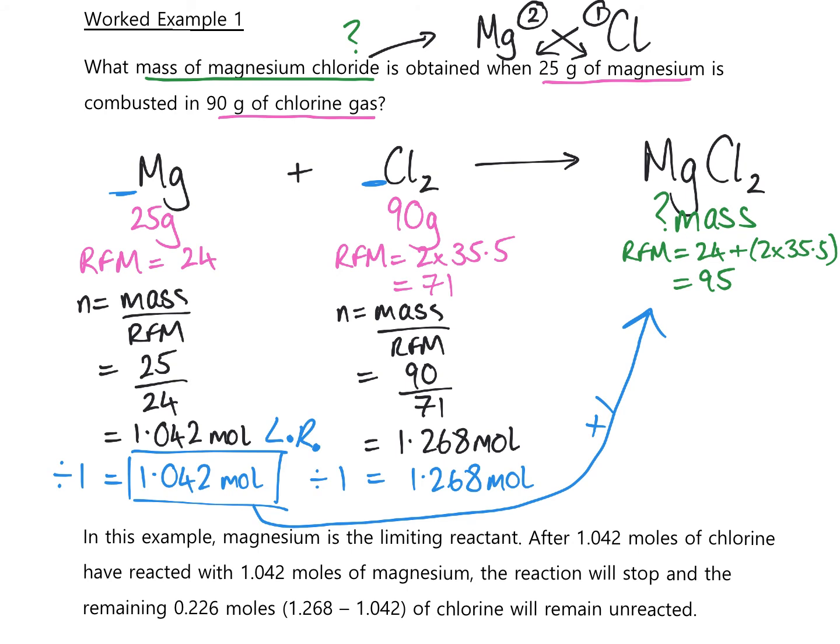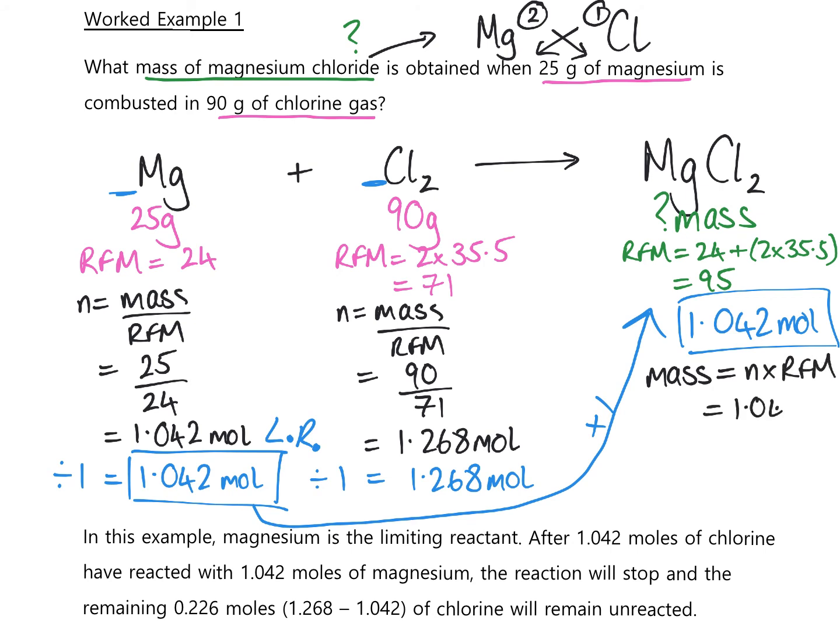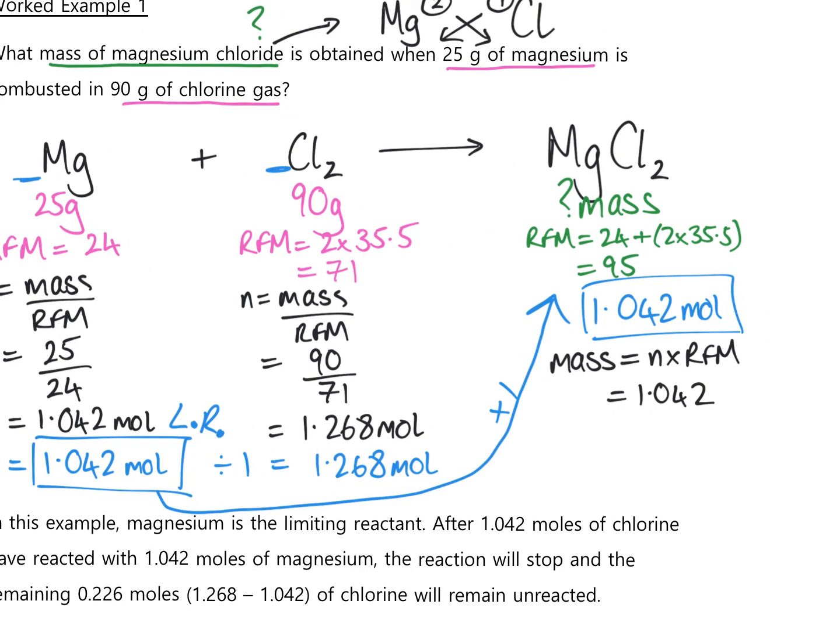So that means in theory, we'll produce 1.042 moles of our magnesium chloride, in theory, okay? And then all I'm doing, same as Monday, is mass equals n times RFM, putting in 1.042 times by your RFM, which we already worked out as 95.